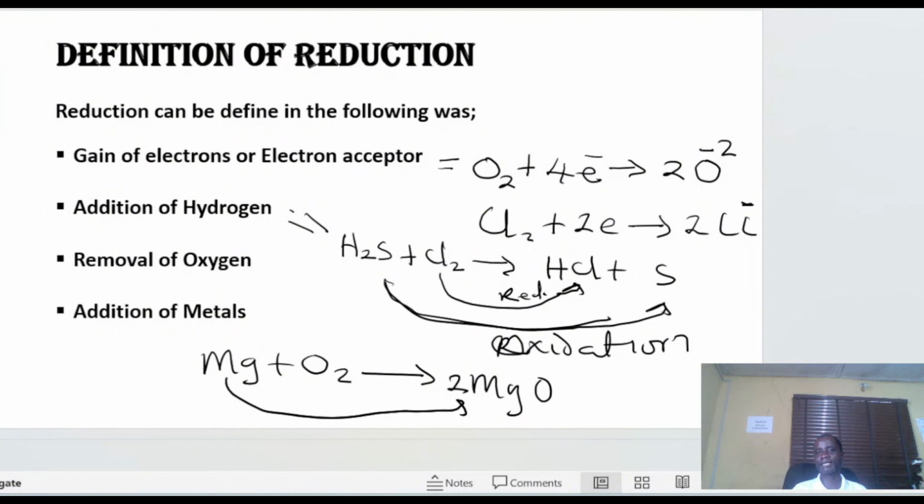Magnesium to magnesium oxide is oxidation, while oxygen gas to magnesium oxide is reduction. Therefore, these are the ways in which reduction can be defined.